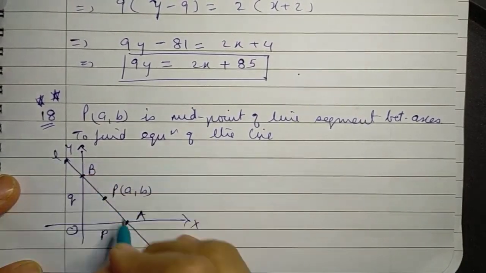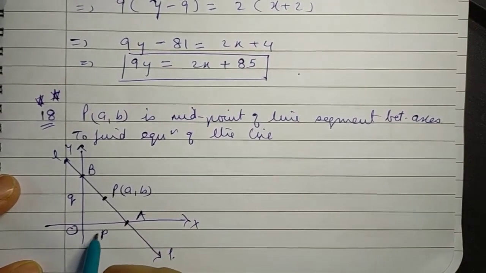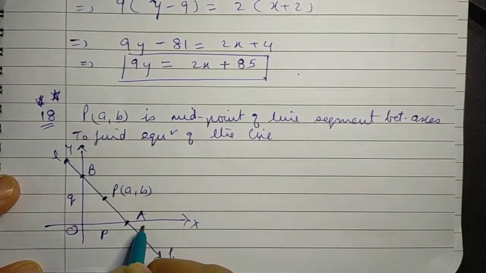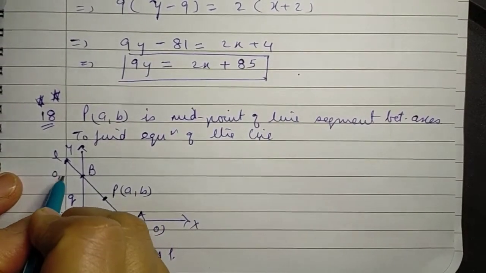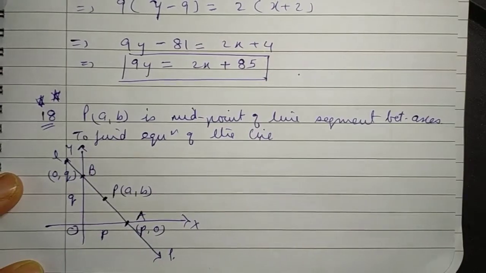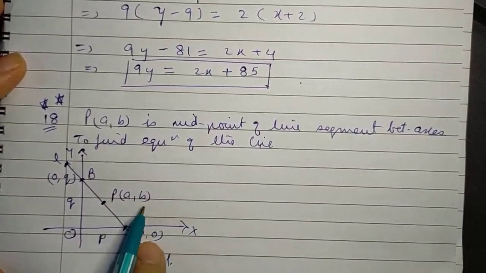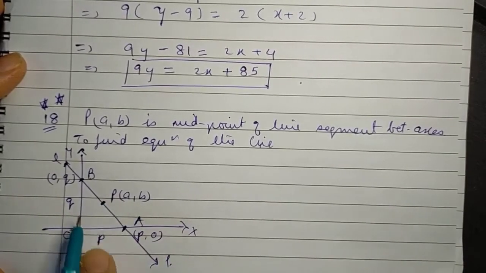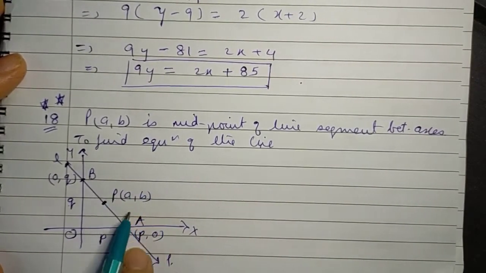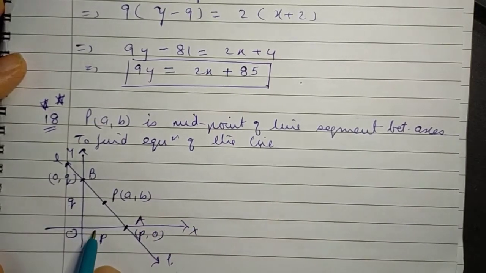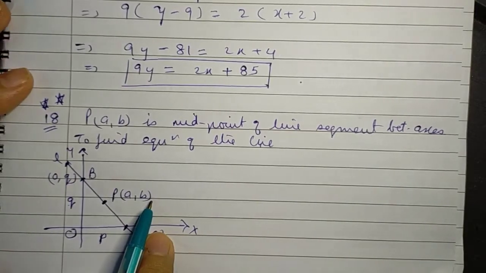Equation of L. Now if this is p, the coordinate will be p comma 0, and here the coordinate will be 0 comma q. So here we have these two points. We can clearly see that p and q we have assumed, and a and b are given to us. So we have to somehow find p and q in terms of small a and small b.